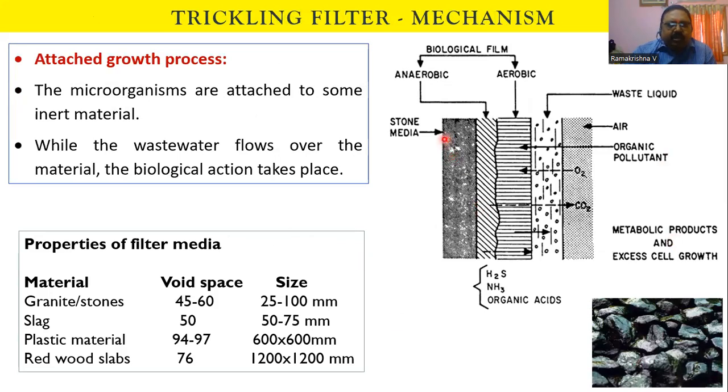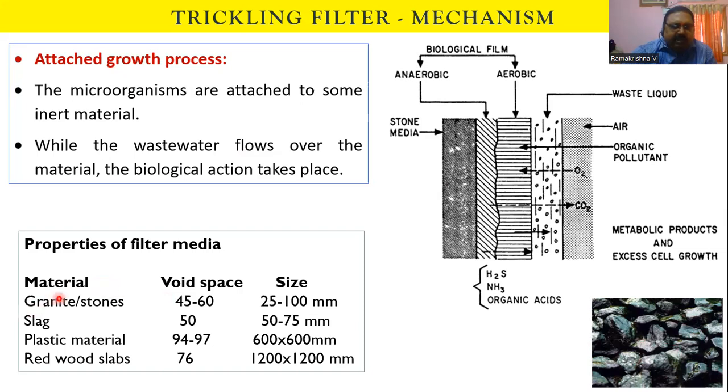In the attached growth process, the microorganisms are attached to some inert material. This inert material can be a stone. You can see in this picture the large stones, coarse aggregate. It can be broken stones, broken bricks, and any other large surface which has more voids. That is the more important thing here.